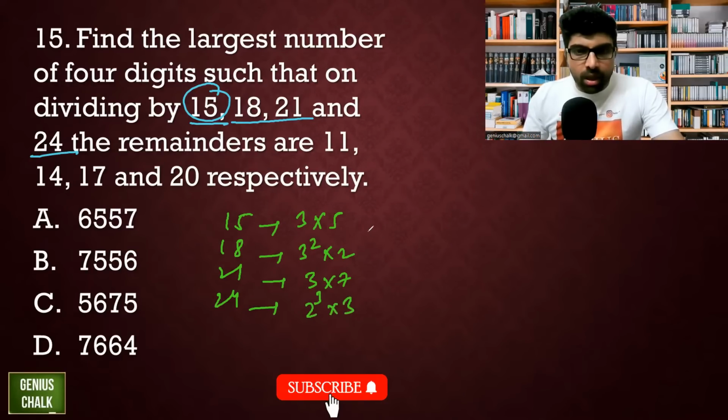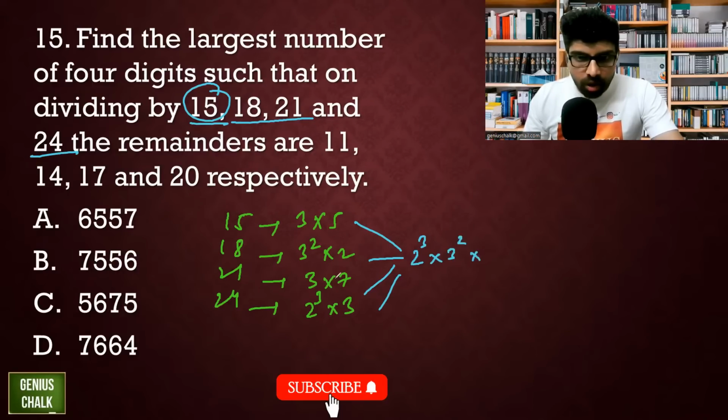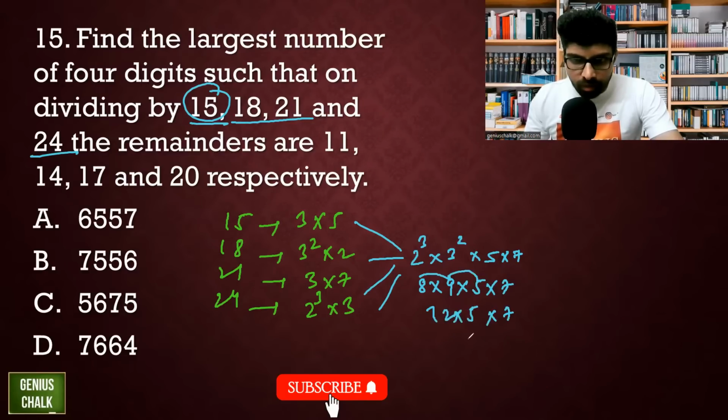Let's find the highest power of 2 first: 2 to the power 3. Then 3 to the power 2 is the highest power. Then 5 is there. Then 7 is there. So this has to be the LCM: 8 into 9 into 5 into 7. This has to be 72 into 5 into 7, which is 360 into 7.